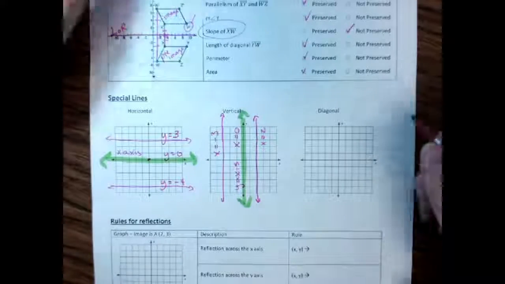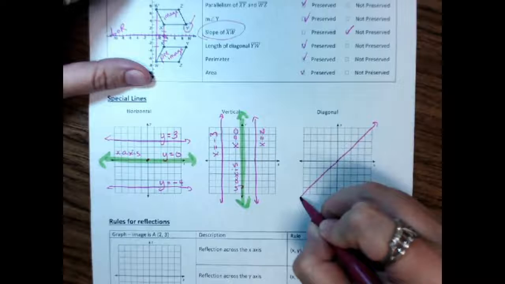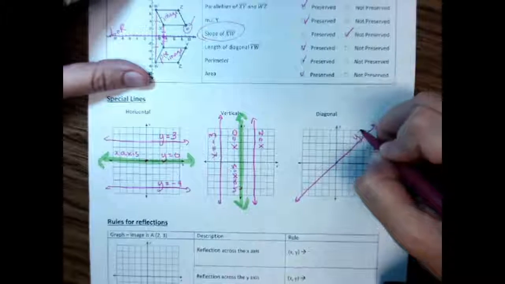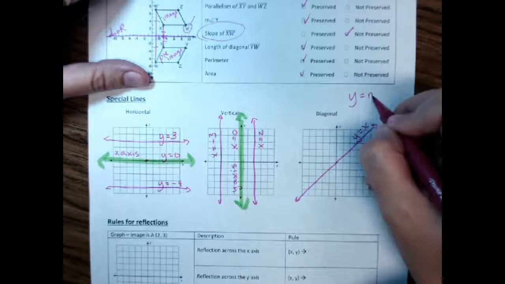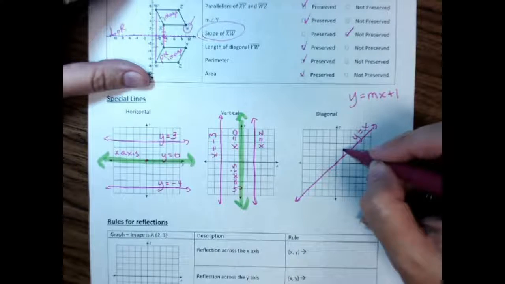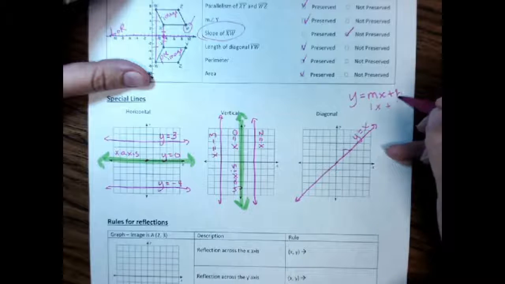We're also going to see ones that go right on the diagonals. And these lines sometimes confuse people as well. This line right here is y equals x, because if we think about y equals mx plus b, what's the slope of this line? Well, it's rise 1, run 1, so it's a slope of 1. And where is it crossing the y-axis?